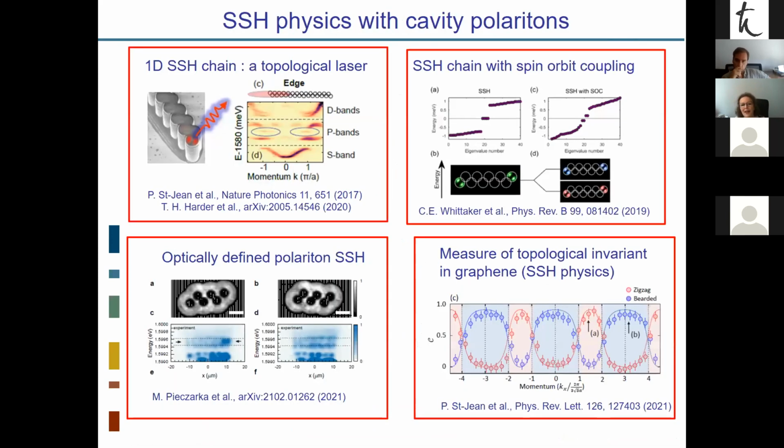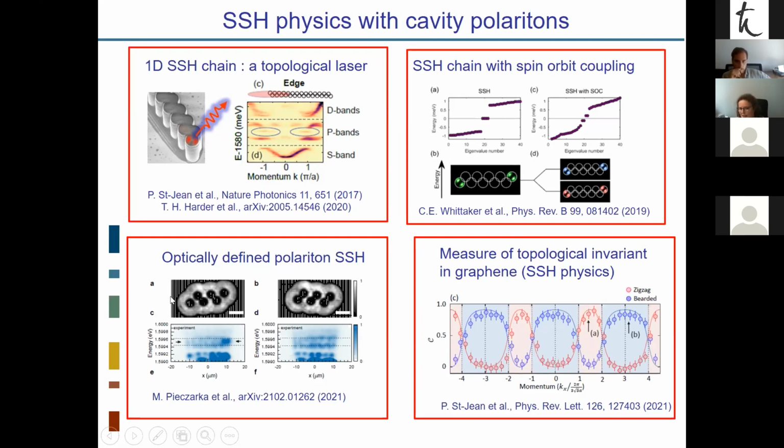Okay, so here is a review of recent work that has been done on polaritons with the SSH model. Our group has reported a topological laser on the edge states. You can also consider the spin degrees of freedom of photons, so the polarization, and this has been studied; this group has shown the effect of spin-orbit coupling on the edge state.